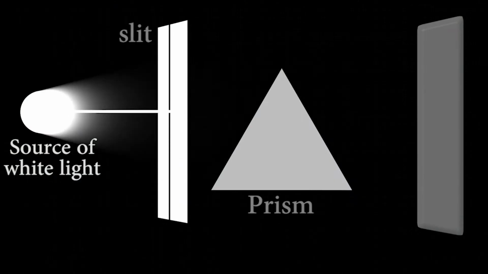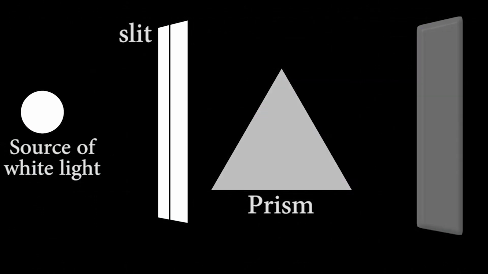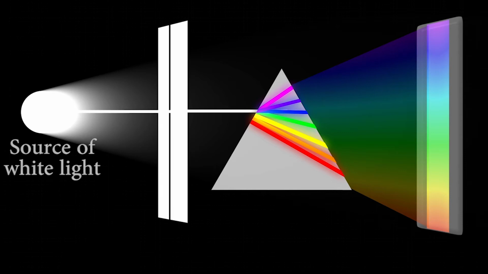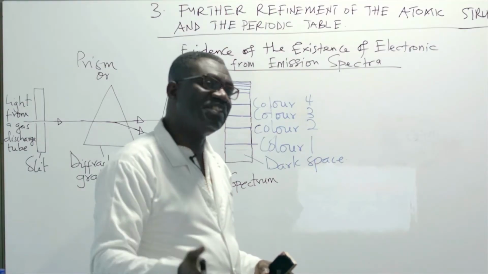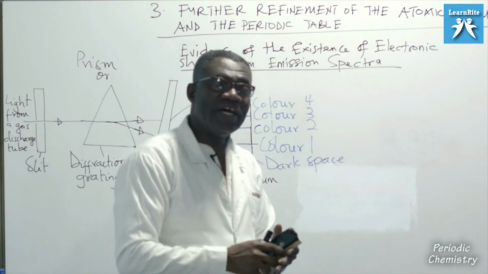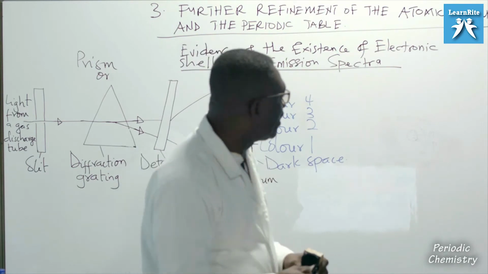In other words, if the light is thrown onto a diffraction grating, a prism, the prism separates the constituents of that light into various colors. And I know we have seen this before. That is our common rainbow that we see when it is about to rain. You see the red color, orange, green, whatever. I think when we're in school we learn the various colors that we see.